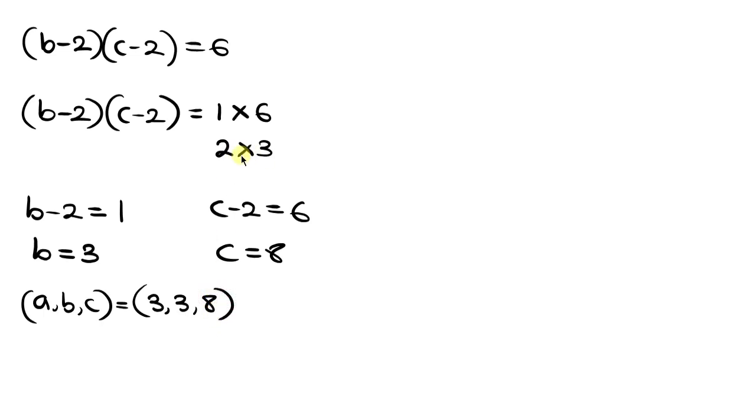Now let's go to the second factor. So B minus 2 will be given to the smaller factor 2, while C minus 2 will be given to the bigger factor 3. So that B becomes, negative 2 crosses to the right, becomes plus 2. So 2 plus 2 is 4.